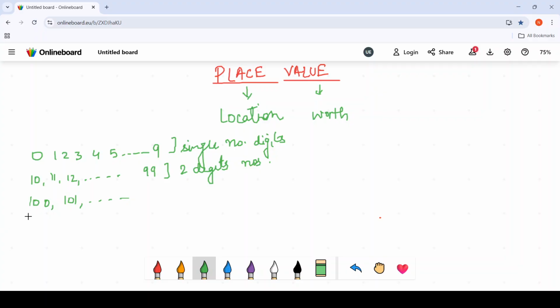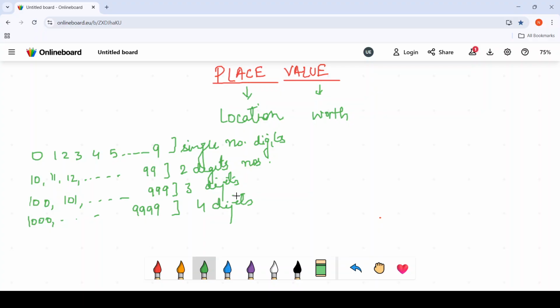In the same way, from 100 till 999, we have three digit numbers, and from 1000 till 9999 we have four digits in one number. So these are all numbers, only the number of digits differ.